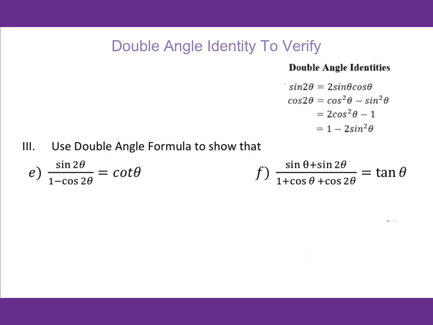Now let's go to E. Still, we get started from the left hand side. For sine 2 theta, that's 2 sine theta cosine theta.